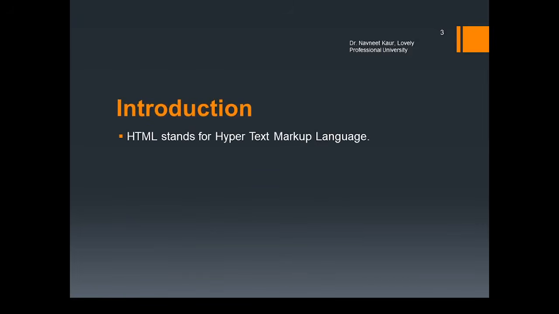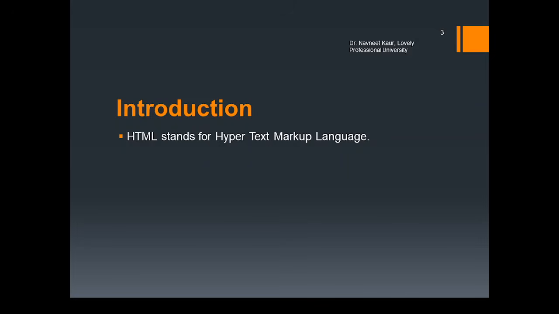The HTML abbreviation stands for Hypertext Markup Language. So let's try to understand the meaning of each and every word here. Hypertext means the text which is written on the web or any text which is available on an electronic device. And markup means the layout or the format.